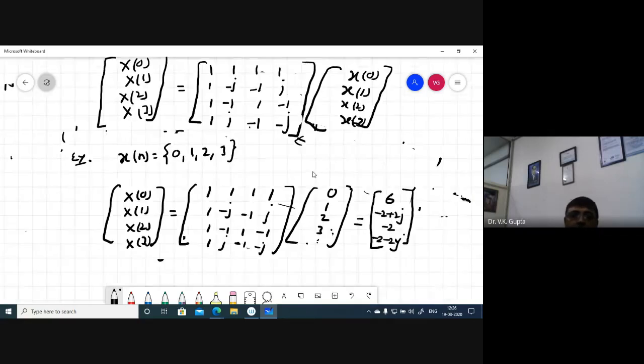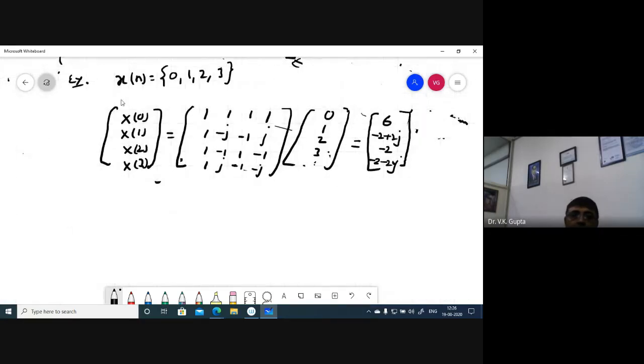Let us take another example. Find the 4-point DFT of our second example.